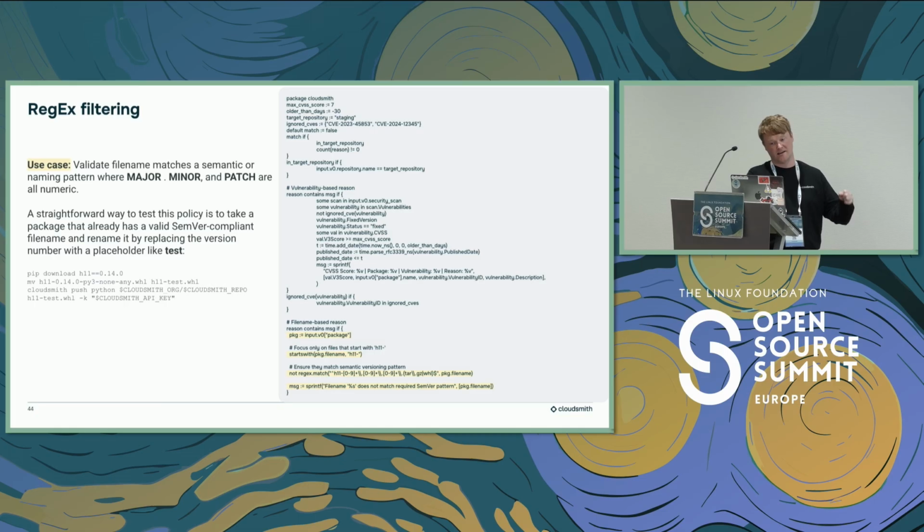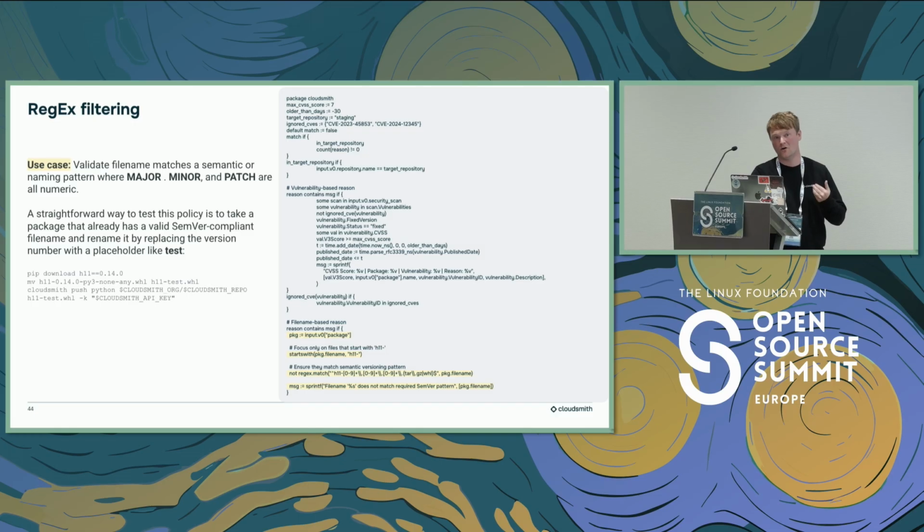So you might say, look, if the input is a package and the package name starts with h11 dash, it doesn't really matter what the context is, that's just a string. And then we're saying, well, show me if it has a specific semver match, so the major, minor, patch. So you could say, look, if I see something with that regex format, then that's the other thing I want to add into the scope of my policy.